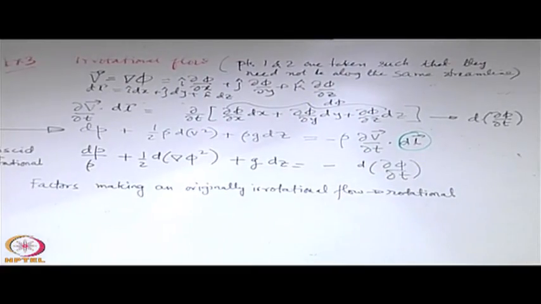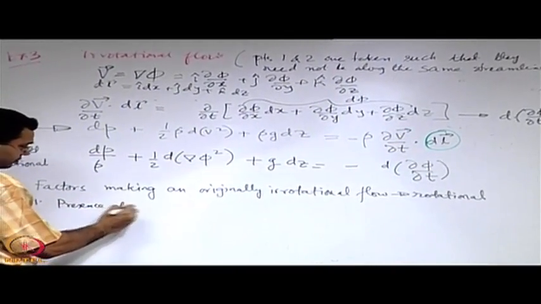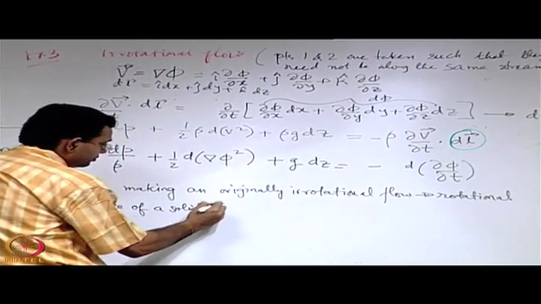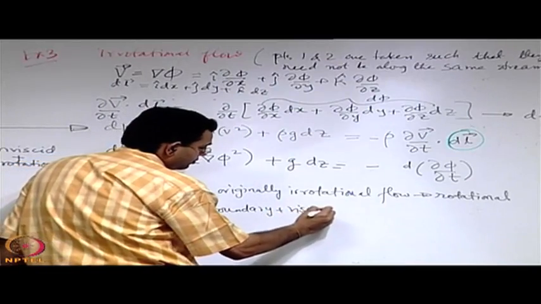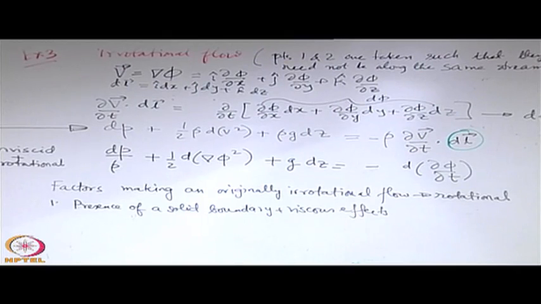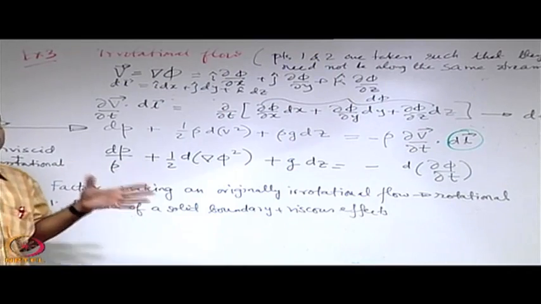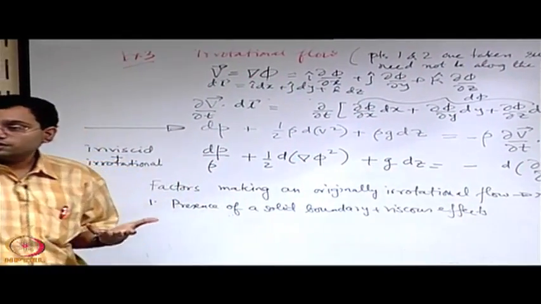One of the important factors is the presence of a solid boundary and viscous effects. Presence of a solid boundary is there in many wall bounded flows, and viscous effects are common for fluids with some substantial viscosity. If that is there, that means even if the flow was originally irrotational, physically it will not be able to retain its irrotational state.